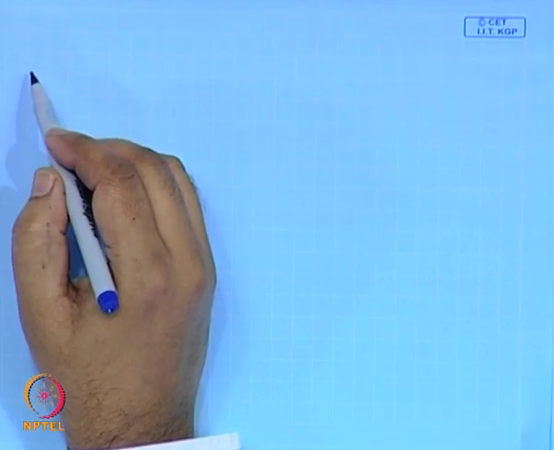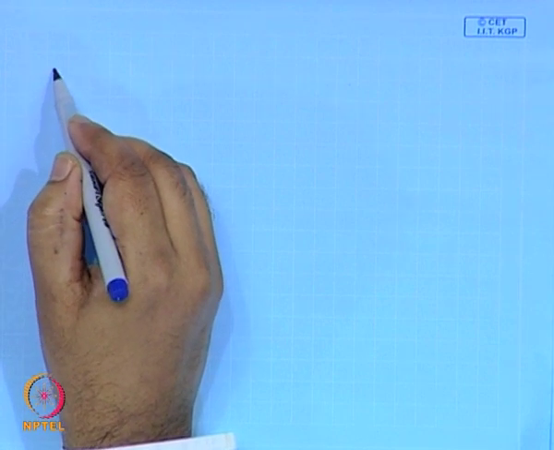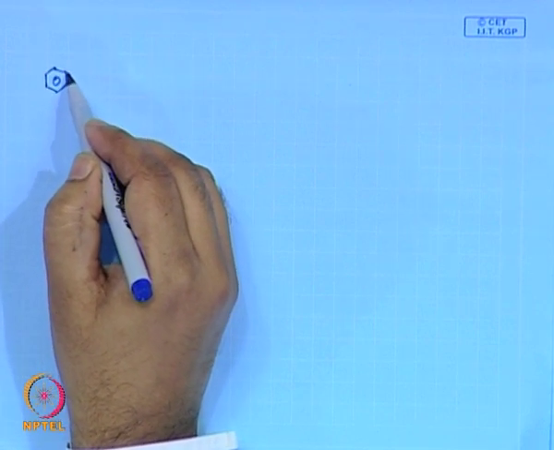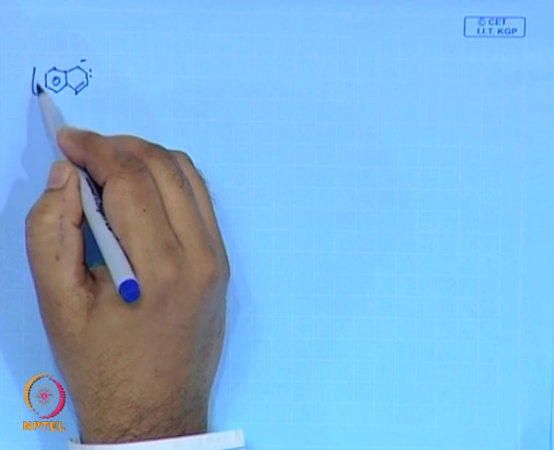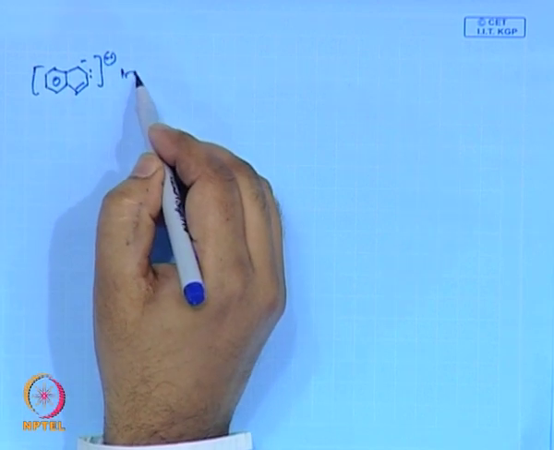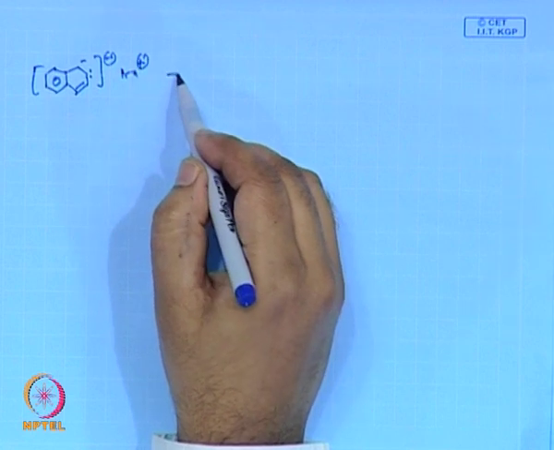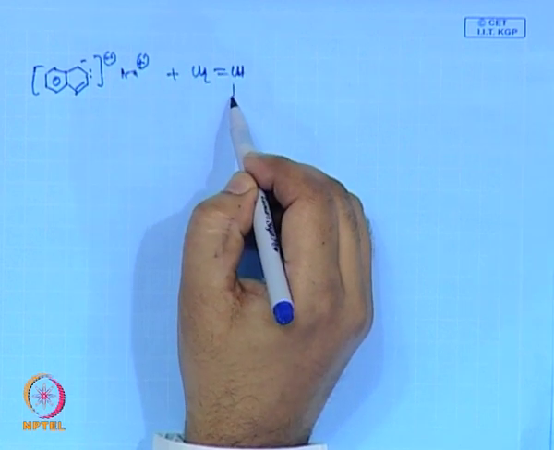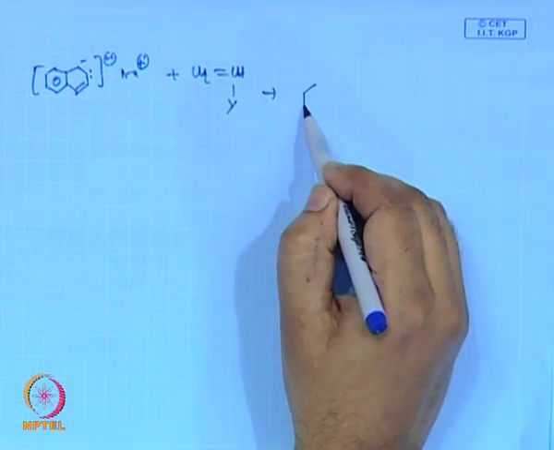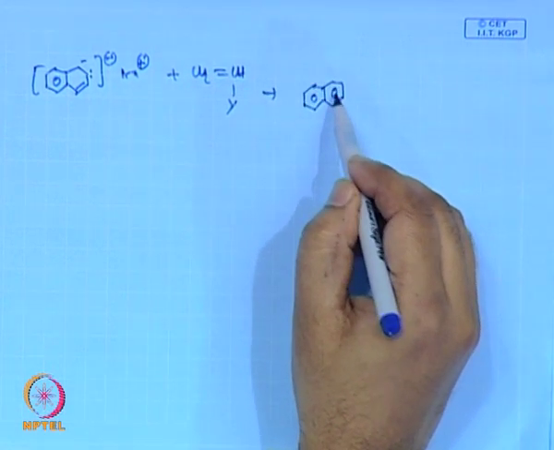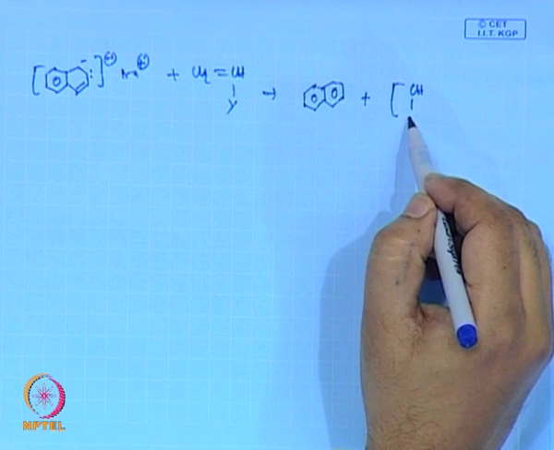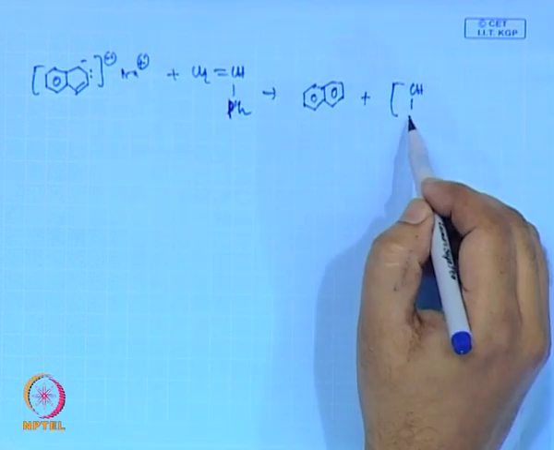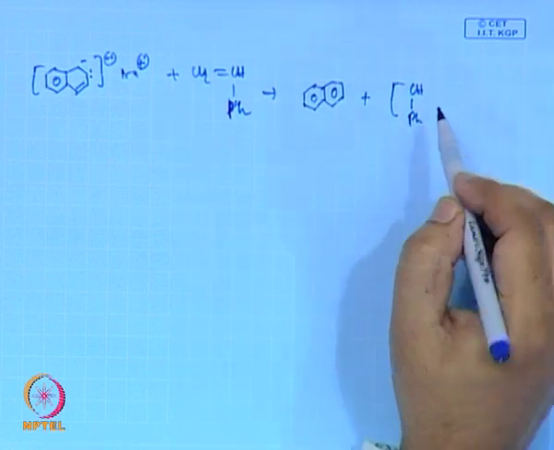If I write the chain initiation reaction for that electron transfer reaction, it can react with the monomer to initiate the chain. We are talking about styrene polymerization here.